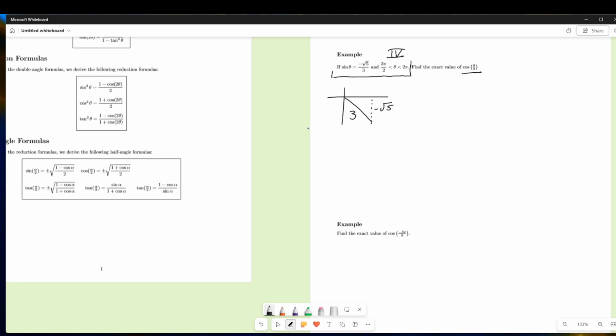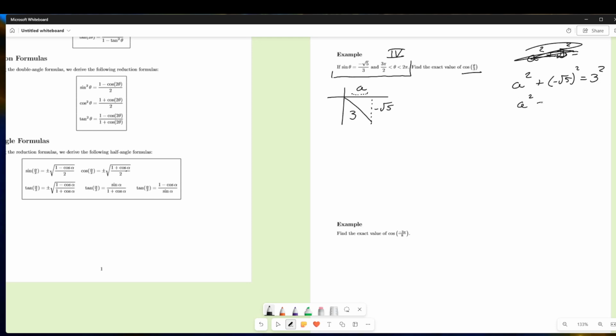Since our half-angle formula for cosine is a cosine argument, just knowing the sine's not going to be good enough. We need to know what that other side length is so we can talk about cosine. So a little Pythagorean theorem, again, a squared plus b squared equals, that's not b, square root of 5. Let me rewrite that. A squared, whatever that a squared is, plus negative square root of 5 squared equals 3 squared.